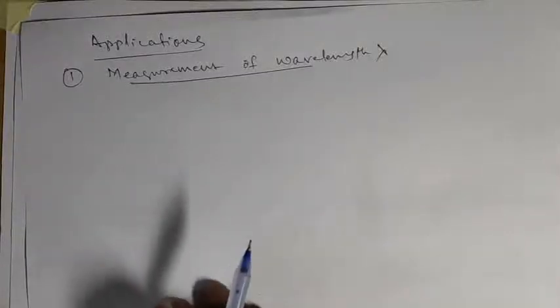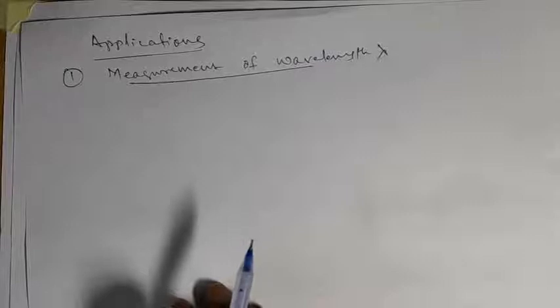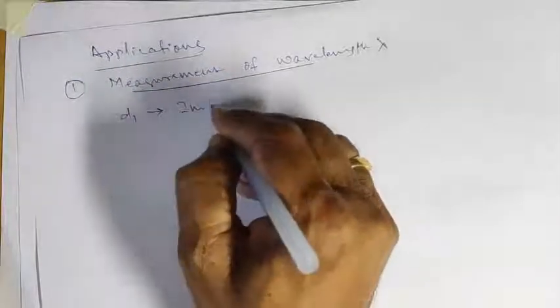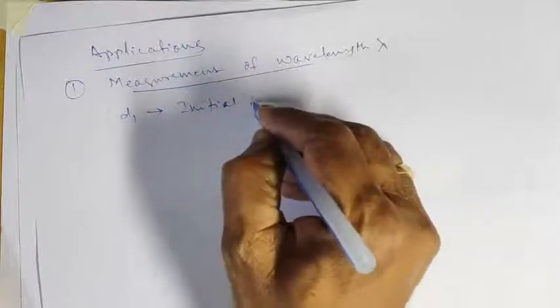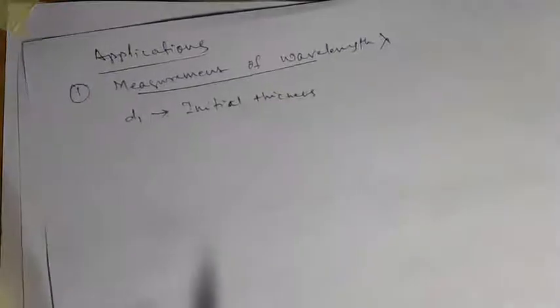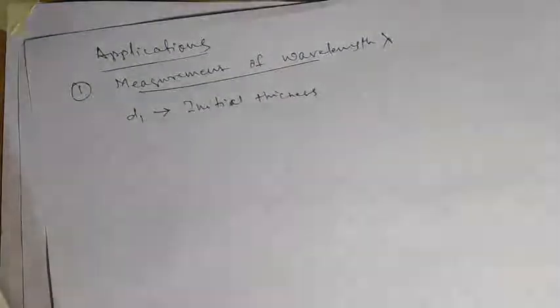Suppose d1 is the initial thickness of the air film, that is, the distance between M1 and M2 dash.